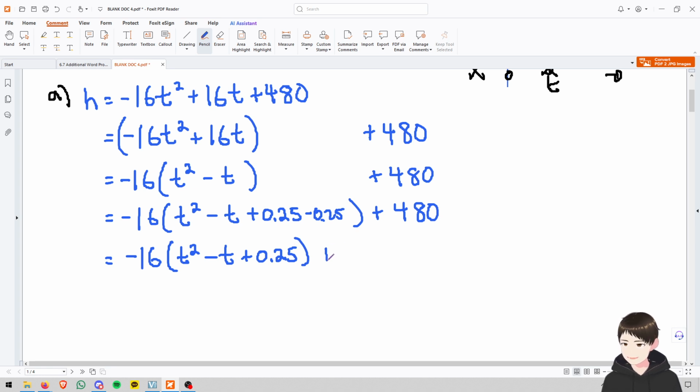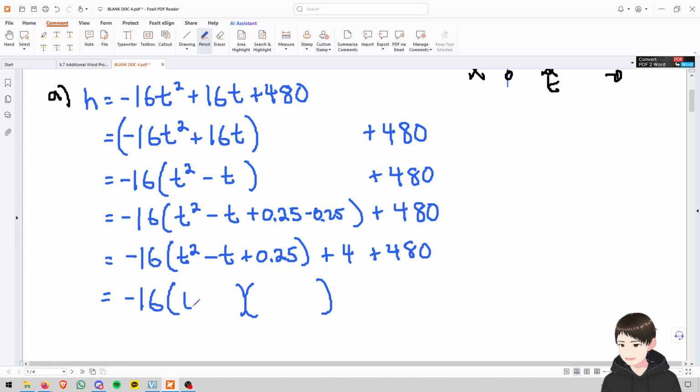It is going to be a plus 480. So this I know because I completed the square. It is a perfect square trinomial, which means this will be t minus 0.5 and t minus 0.5 plus 484.